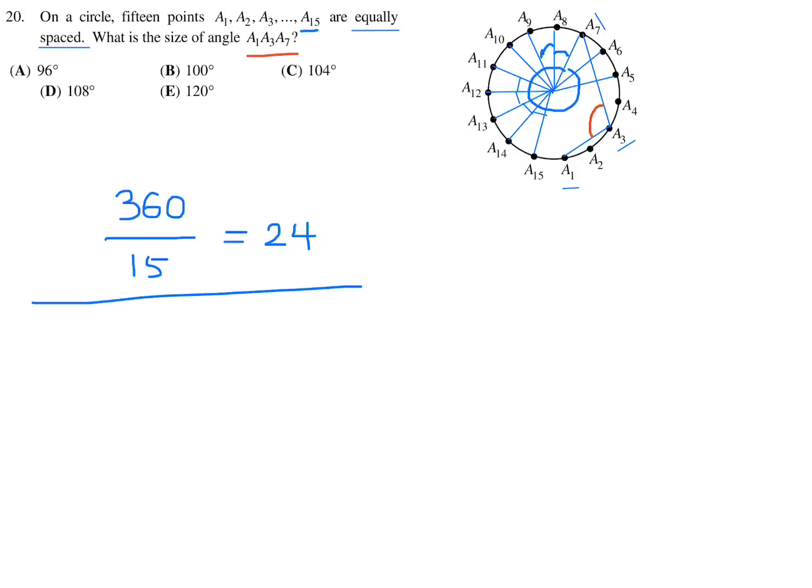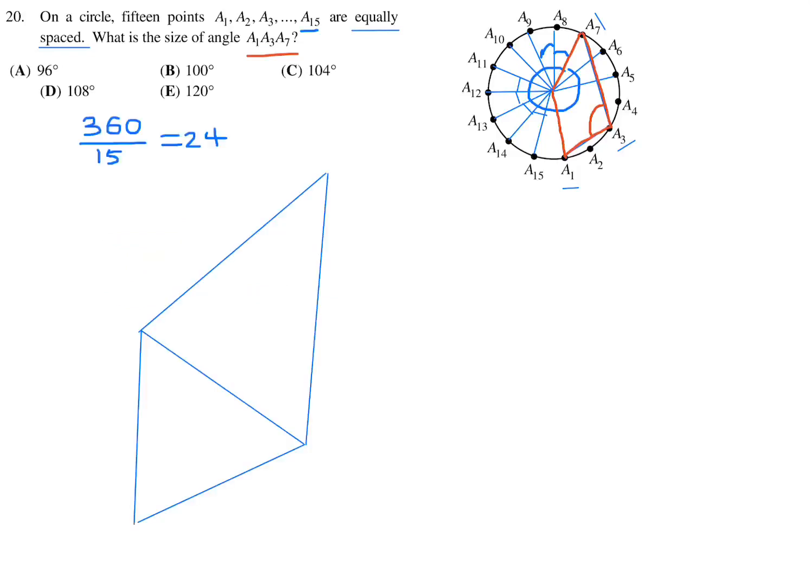Now what I'm going to do is draw this much bigger to explain it better. And what I'm really going to concentrate on is just A7 to A3, A3 to A1, and then the distances to the center. So I'm going to draw that, essentially. So let's do it. Okay, so that's what I drew, exactly like what's on the circle in red, but I drew it a little bigger here.